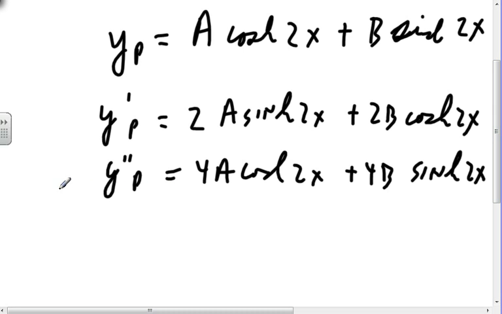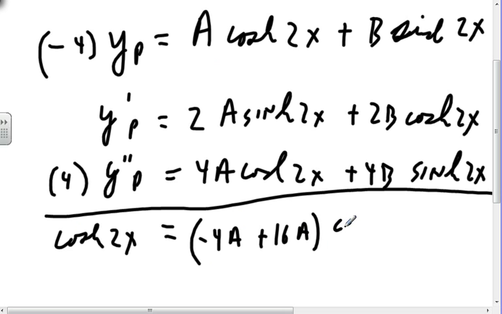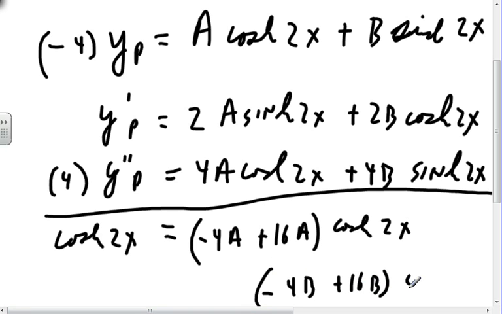Okay, so I've got 4 of those minus 4 of those, and when I get done, I'm supposed to have hyperbolic cosine 2x. So I got minus 4a plus 16a hyperbolic cosine 2x, minus 4b plus 16b hyperbolic sine 2x.